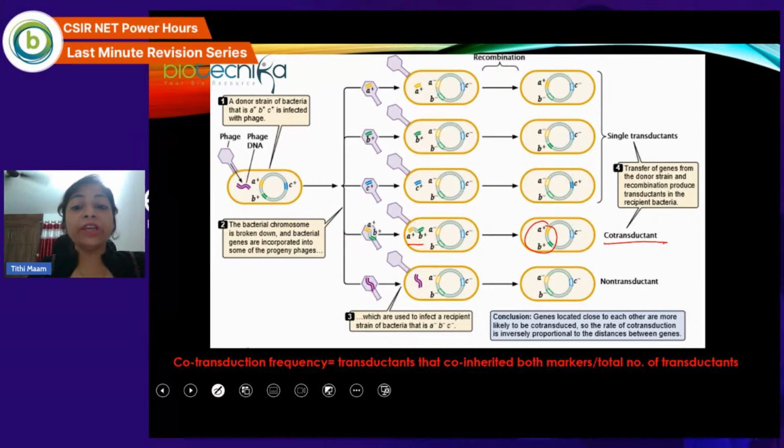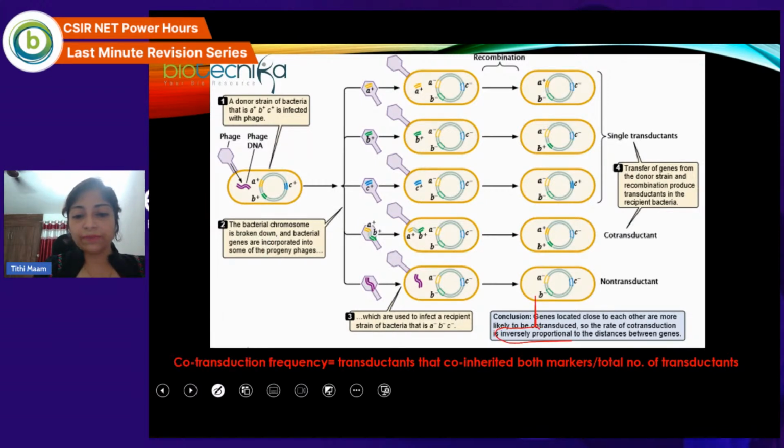So what can we conclude? In terms of co-transduction frequency, the co-transduction frequency is inversely proportional to the distance between the genes. Is it understood, everyone? It is inversely proportional.